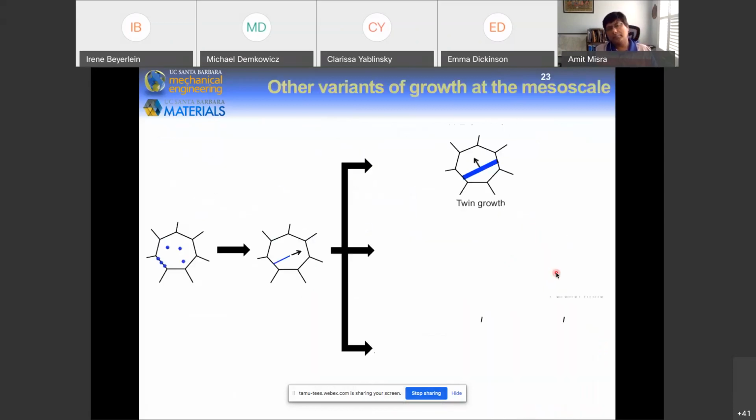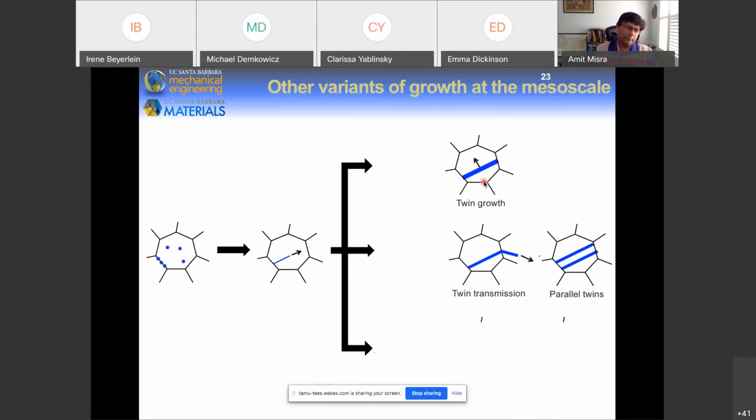All right. So as we've seen by the type of configurations that can occur, the only mechanism for growth is not just a thickening or widening of that twin, but there are other mechanisms by which the twin can migrate its boundaries.